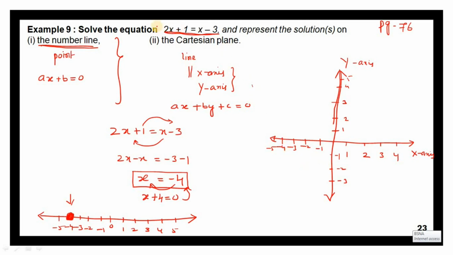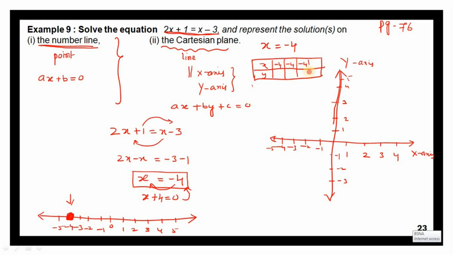Now, when we are representing on a Cartesian plane, we require some points. How to collect the points? Already we got the equation x is equal to -4. What do we mean by x is equal to -4? It means x takes only -4.